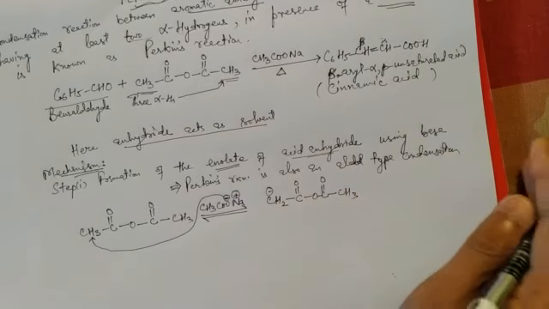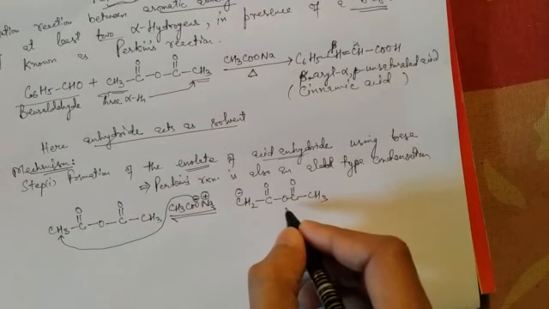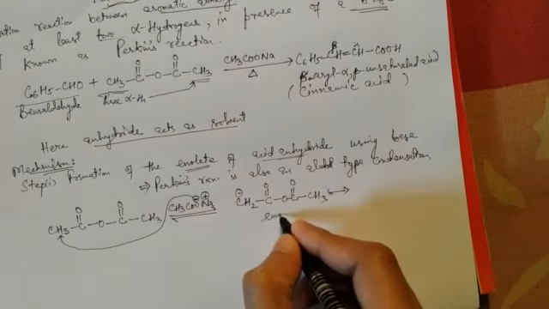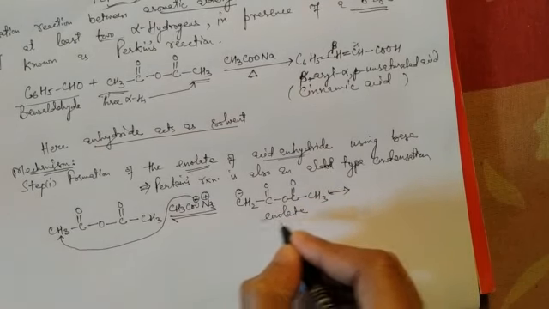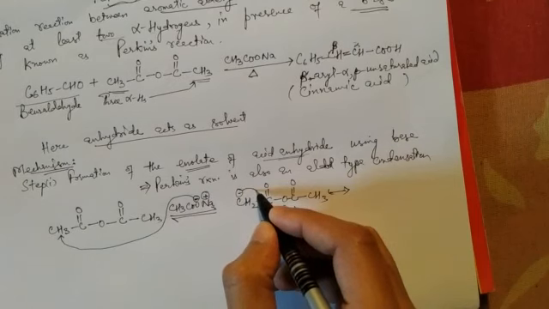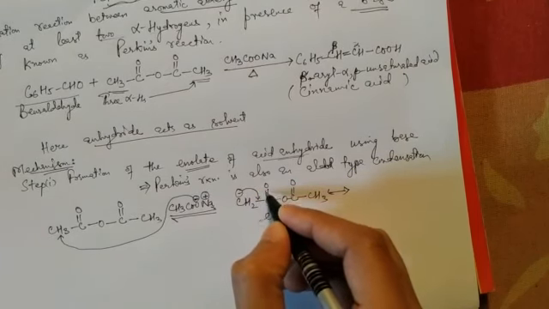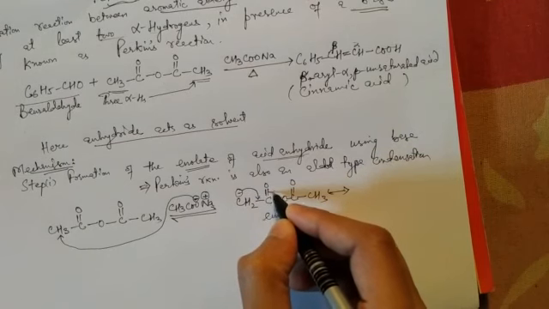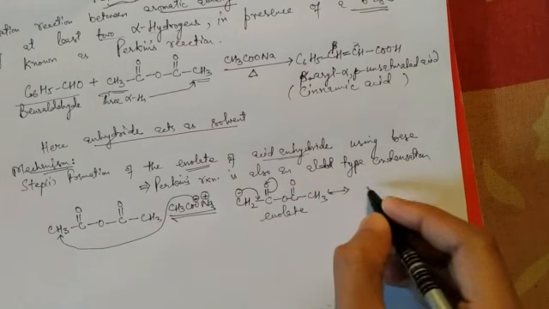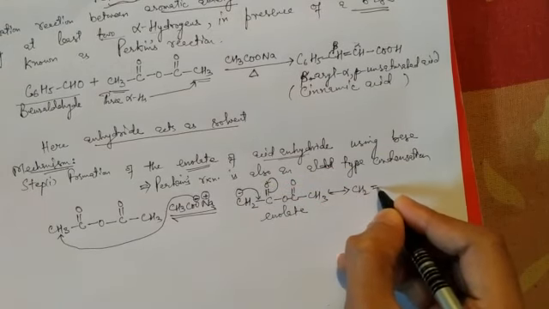Now this enolate of this anhydride is resonance stabilized as shown here. This negative charge can go over here between these 2 carbons, and as a result this electron pair shifts to the more electronegative oxygen atom, thereby giving another resonating structure.